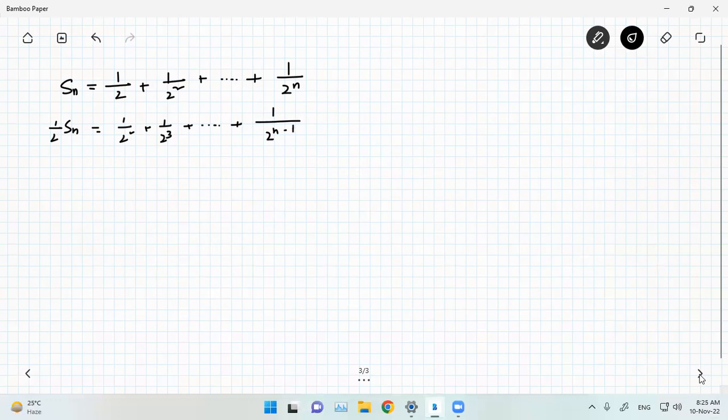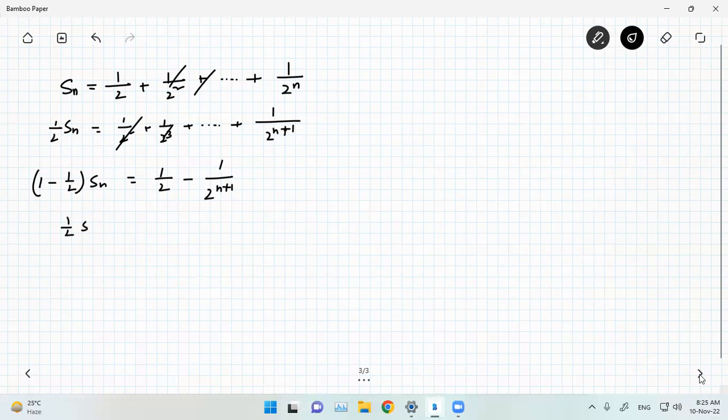So if we subtract the second one from the first one, then we'll have 1 minus half Sn. So the other terms will vanish. Ultimately, we'll be left with half minus, sorry, it should be plus here, 1 by 2 to the power n plus 1.